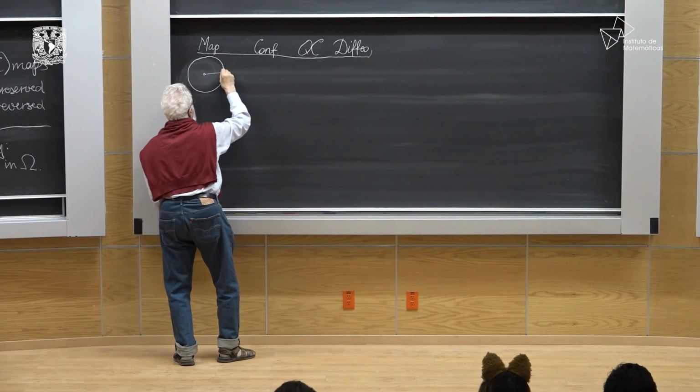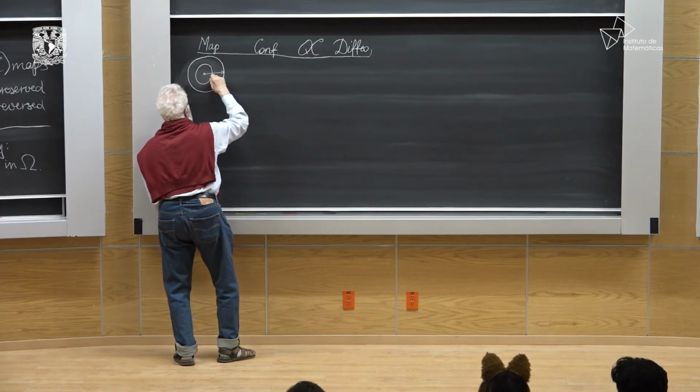This is a circle of radius r. This is a circle of radius 1.